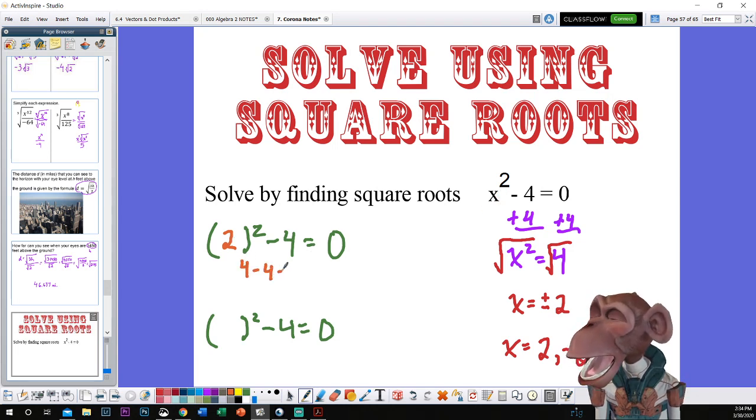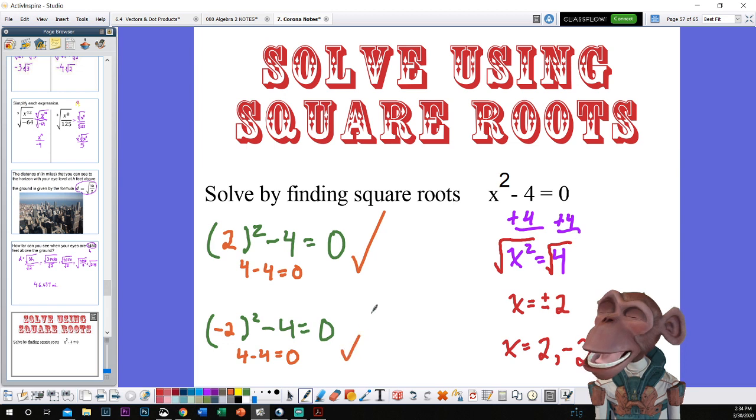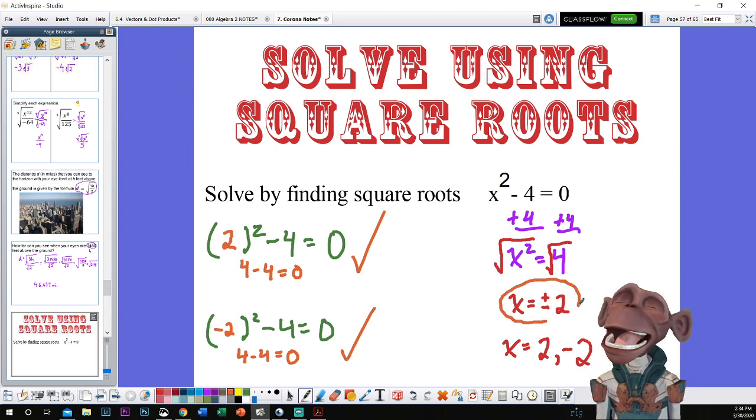And yes, 4 minus 4 is 0. Yay! But I could also put negative 2 right here. Negative 2 squared, which is negative 2 times negative 2, is also a positive 4. So 4 minus 4 still gives us 0. Both answers are correct. So we need to include both the positive and the negative 2 in our final answer.